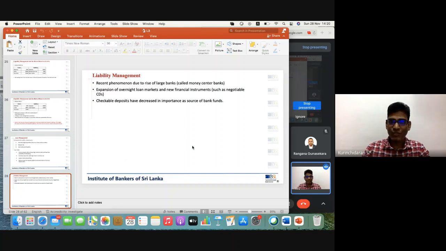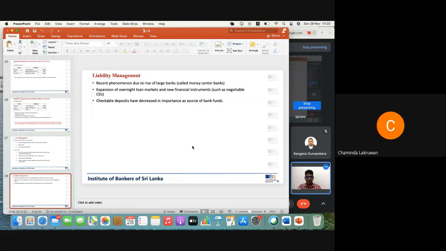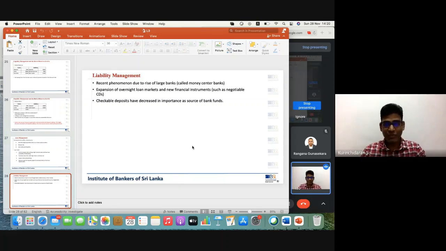Why are banks always willing to maintain current account balances or saving account balances, deposits? Low cost funds. Low cost fund. Very good. So what's the risk attached to that, from the bank's point of view?